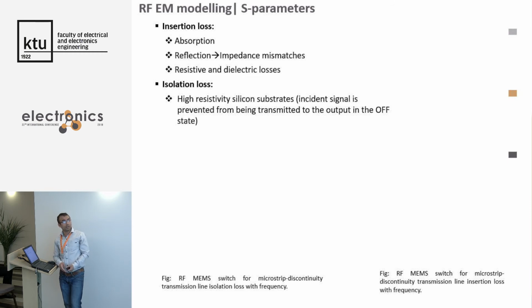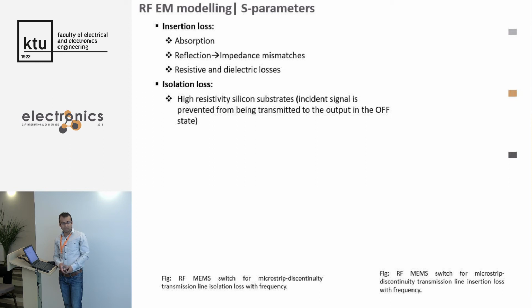The insertion loss is because of absorption and reflections. Reflections are because of the impedance mismatch and the resistive and dielectric losses, and the isolation loss is due to the high resistivity of silicon substrates.